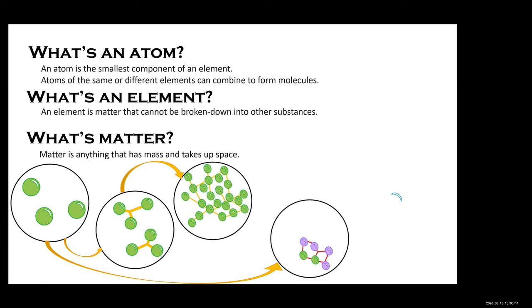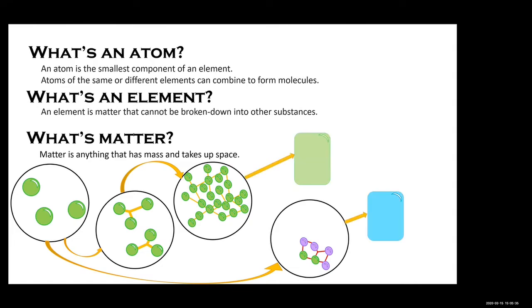So in the top circle there, you have all green atoms from the same element, which have just formed a larger collection, which makes up a decent chunk of matter there. And if you look at the bottom circle, you'll notice you have a different type of atom involved, which would be from a different element. So when you have 2 elements together like that, it's called a compound.